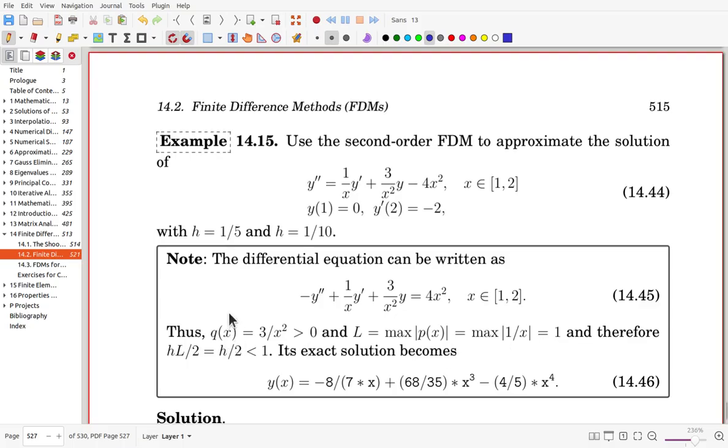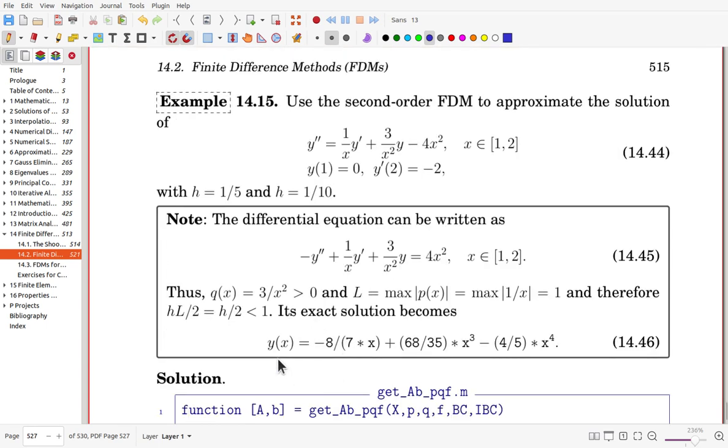So we have to choose h now, and if we choose h as 1 over 10, then anyway, here we have that.